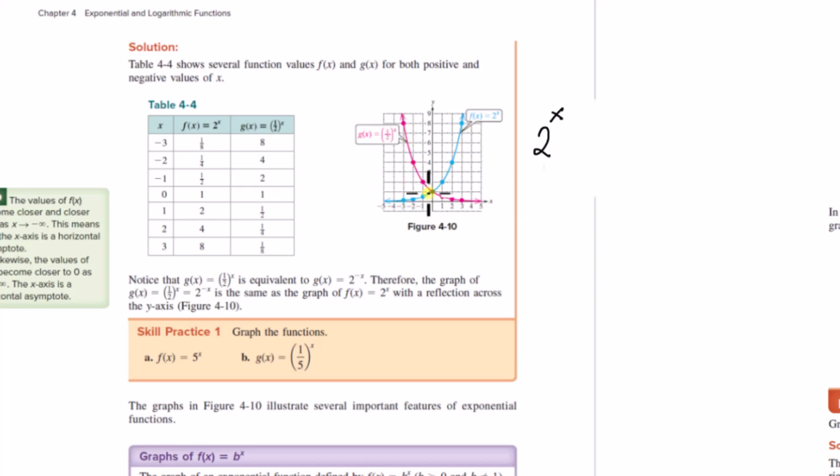Now, as x increases in the positive direction past 1, so x is going, let's say, from 0 to 1. Well, in that case, you can think about radicals of 2. When x is equal to 1/3, you've got the cube root of 2, 1/2, the square root of 2, etc. And so when x is between 0 and 1, you're going to have some number that's less than 2, but greater than 1.